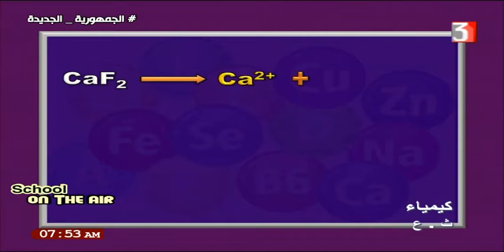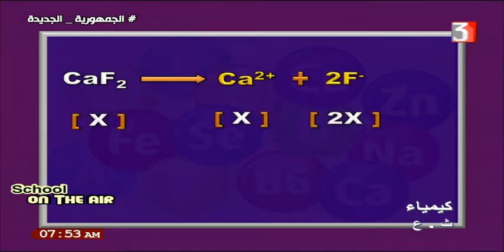Here, as calcium fluoride ionizes into calcium ion and fluoride ion, the concentration of calcium fluoride gives the solubility degree, which is X for calcium, and 2X for fluoride ion.